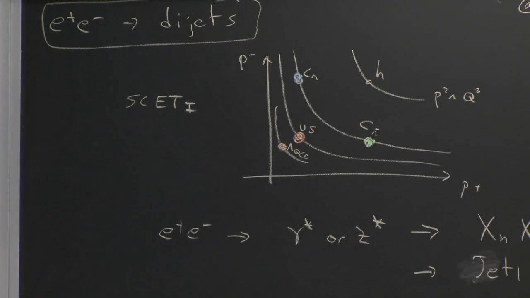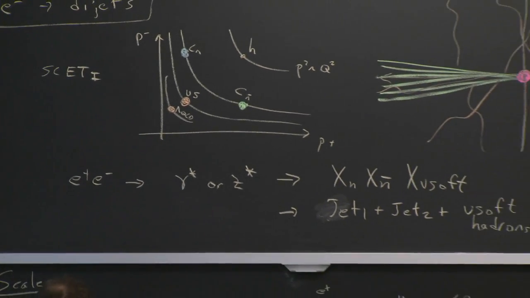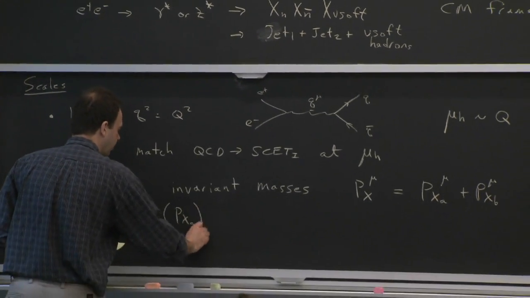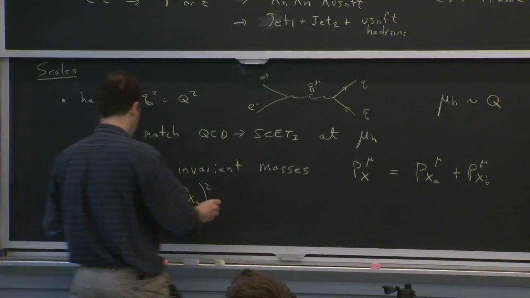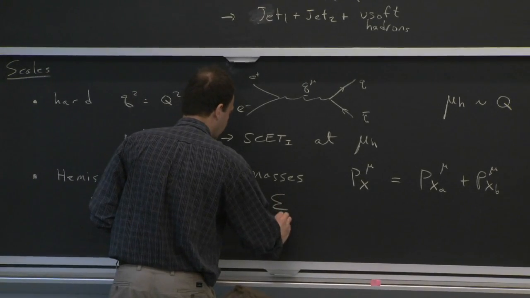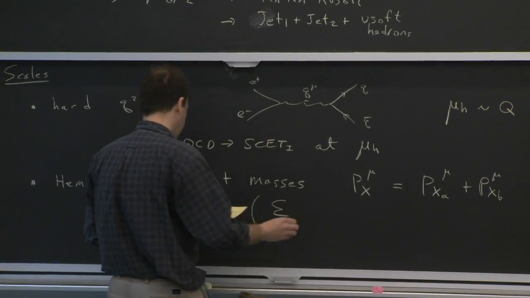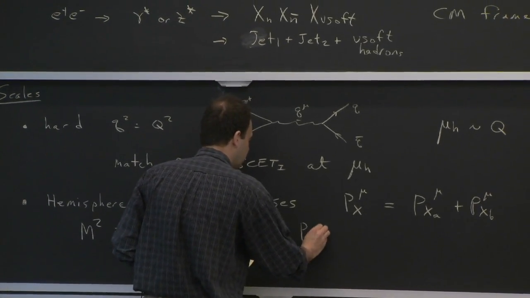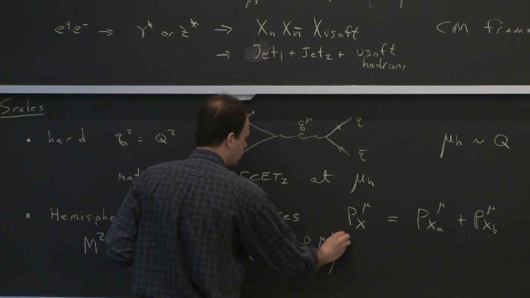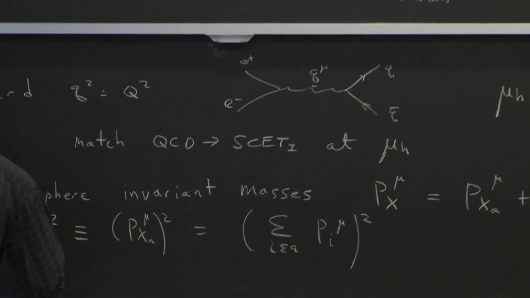And then what these masses are, which I'll call m squared and m bar squared, are just the 4-vectors squared for the A and the B guy. So written in terms of the individual particles in that hemisphere, you sum up all their 4-vectors for the particles in that hemisphere and square it. And then likewise for B.